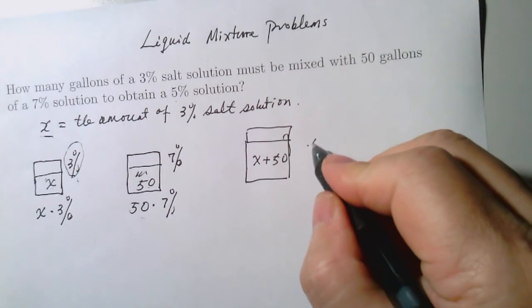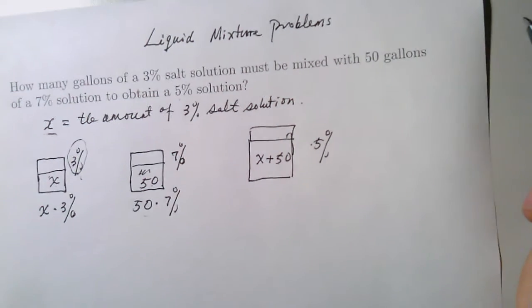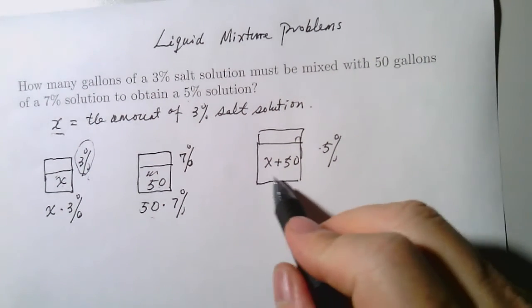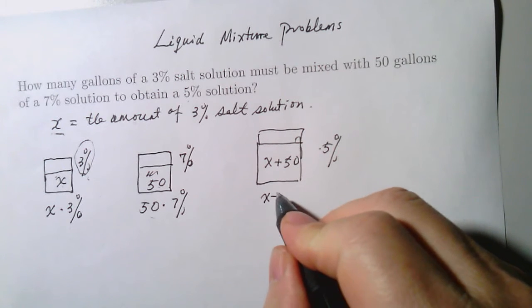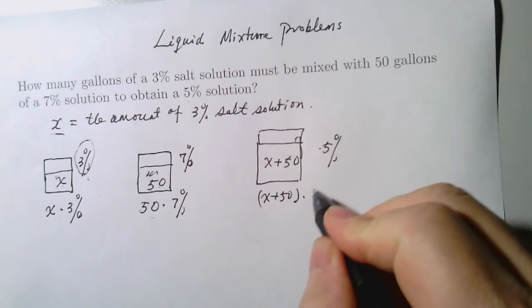So the amount of salt in the mixture is x plus 50 times 5%.